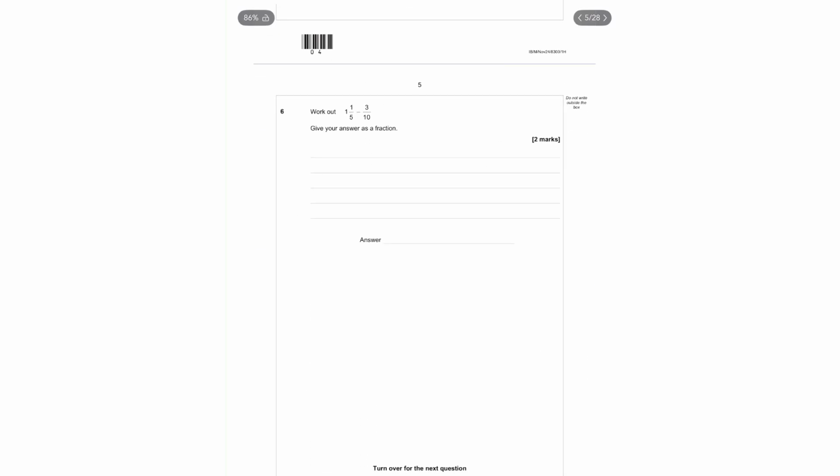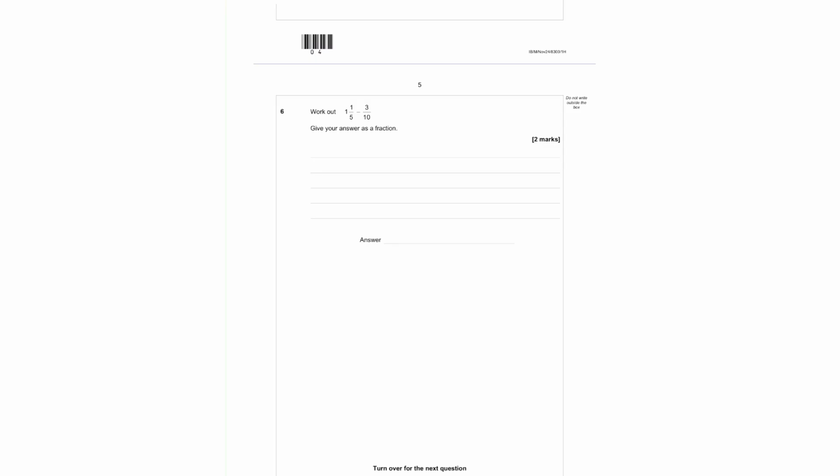Moving on to question 6, and we're told to work out 1 1/5 minus 3 over 10. So we need to convert both these fractions into the same type. On the left-hand side we have a mixed number, and on the right we just have a normal fraction, I should say a proper fraction. So what we want to do here is convert the left-hand side from a mixed number to a proper fraction.